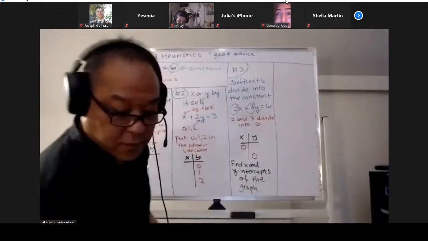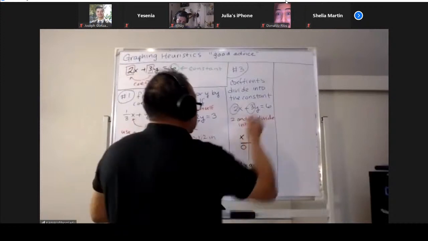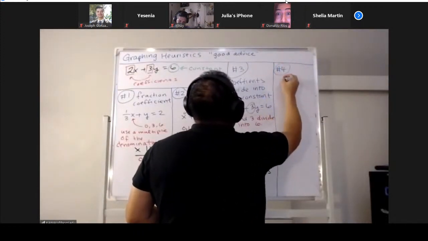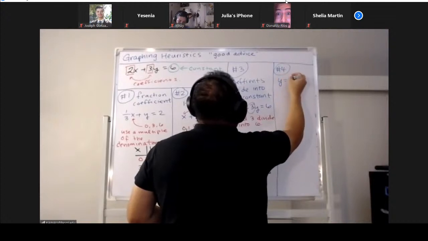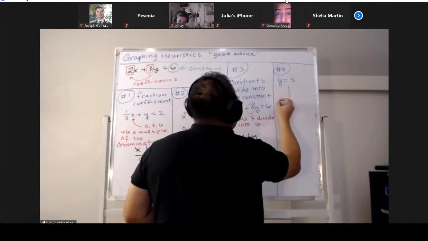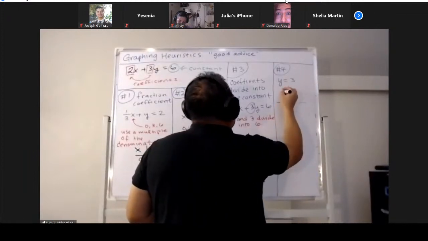So for number 4 here, if I have y is equal to 3, what you're doing is something that looks like this.